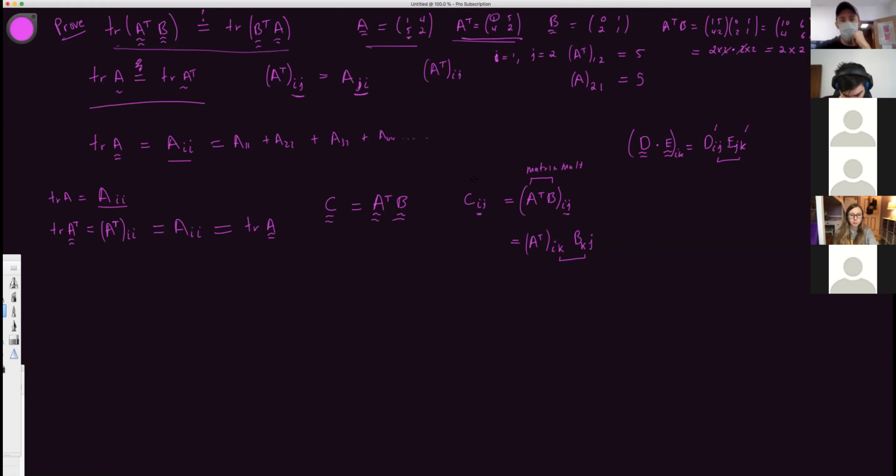I'm going to get rid of the transpose on this. I know how to do that already. I can just switch the indices: A_KI B_KJ.